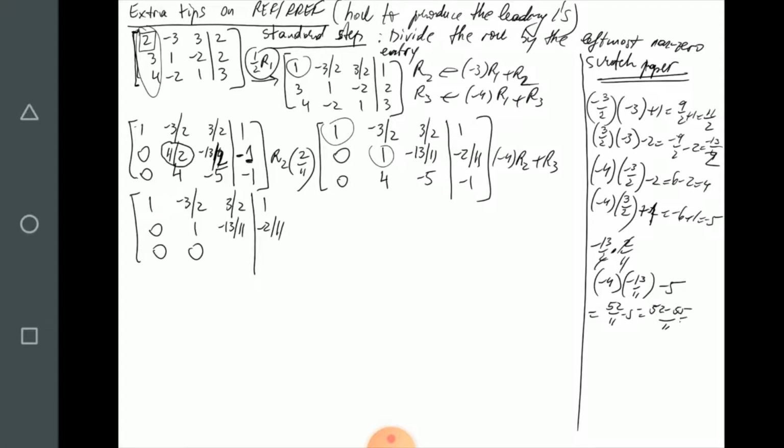Makes it minus 3 over 11. And the last entry is minus 4 minus 2 over 11. And then minus 1, that's 8 over 11 minus 1, makes it again minus 3 over 11.